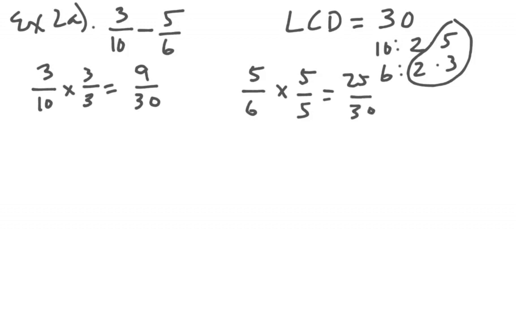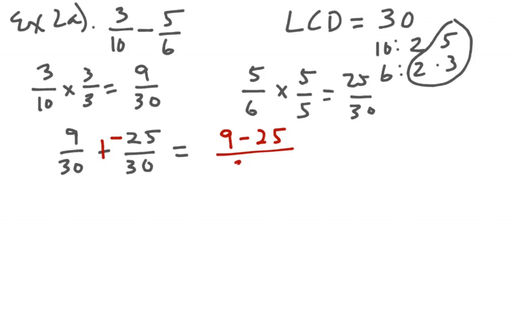And now I'm going to rewrite the fractions as 9/30ths subtract 25/30ths. Now I'm going to change subtraction to addition, like I do. Change 25 to negative 25. Now I've got 9 plus negative 25 on top in my numerator and 30 on my denominator.